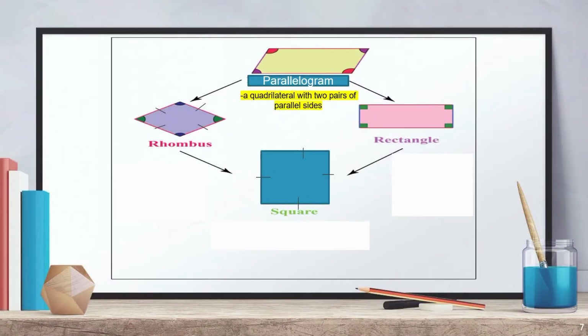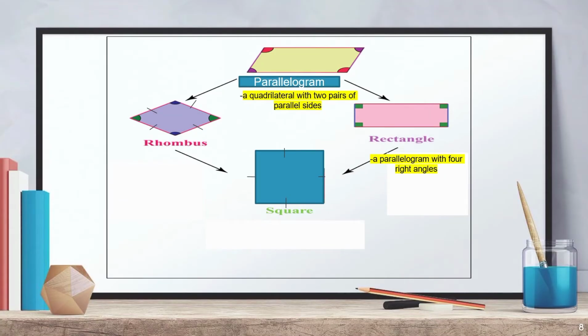And let us recall first the definition of a parallelogram. Remember that it is a quadrilateral with two pairs of parallel sides. And we have also special parallelograms because all the properties of a parallelogram are present in these three. These are rhombus, rectangle, and square.